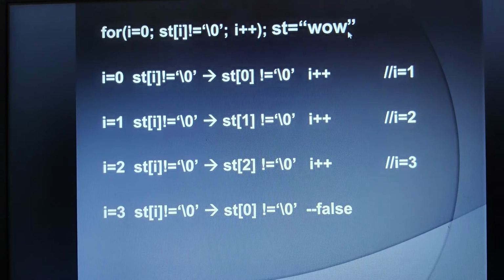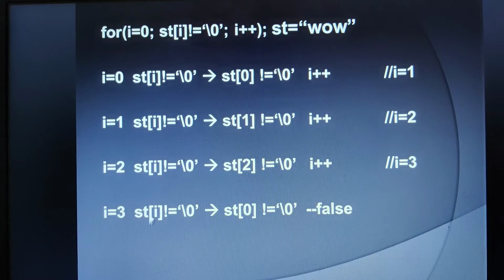Actually every string is automatically appended with a null character. We know that. So WOW, in the computer memory, the representation of this string will be WOW, then the null character. Explicitly this one, implicitly the compiler will append the null character at the end of the string to indicate that we have reached the end of the given string.